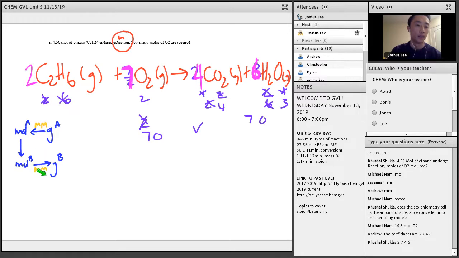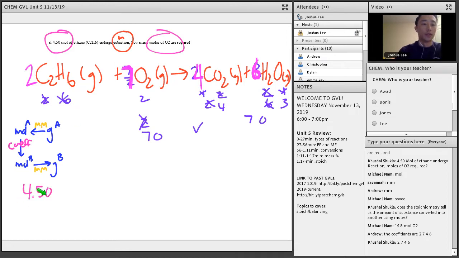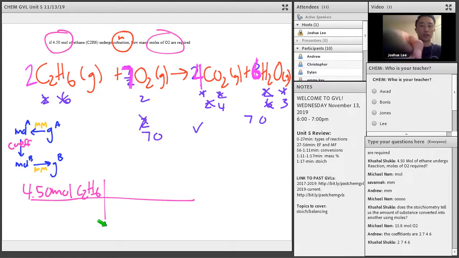Then this one is the special one where you have to use the coefficients. So in this case, I'm going from moles of ethane to moles of O2. So I'm starting off with 4.50 moles of C2H6. So before y'all start blasting answers, Andrew, I'm calling you specifically, what unit do I want to get rid of right now?